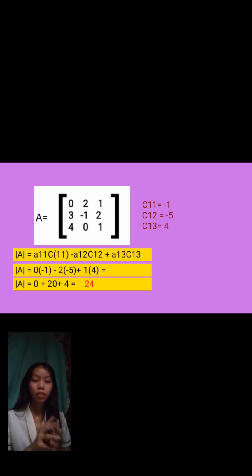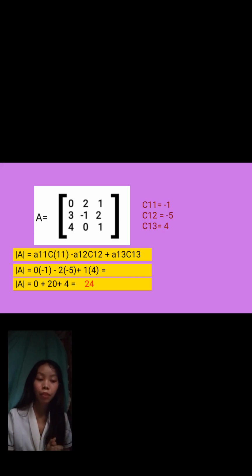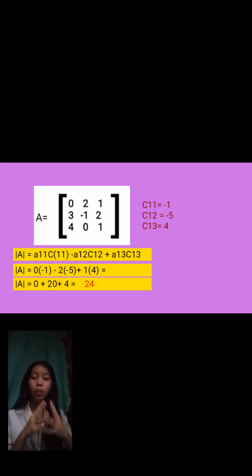So the resulting equation is 0 times -1 plus 2 times -5 negated, that is, 0 times -1 minus 2 times -5 plus 1 times 4. This becomes 0 plus 2 times 10, because -2 times -5 equals +10, and then we add the +4. So 2 times 10 equals 20, plus 4 equals 24. So our determinant of the said matrix is equal to 24.